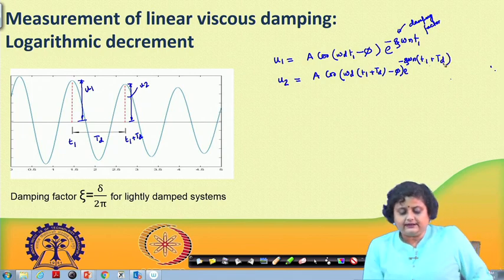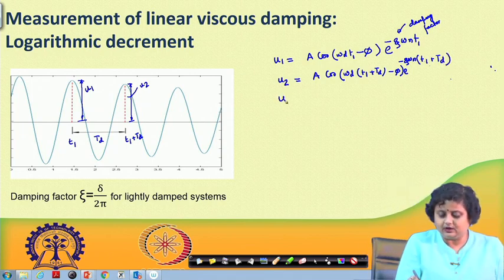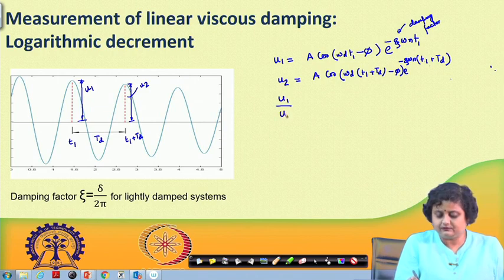Now, let us take the ratio of these two. Let me try to find out U1 by U2.